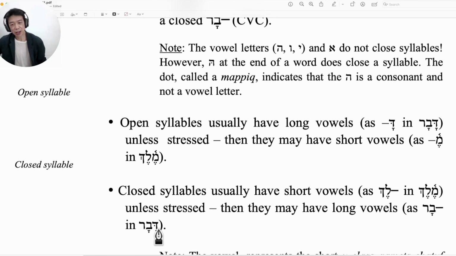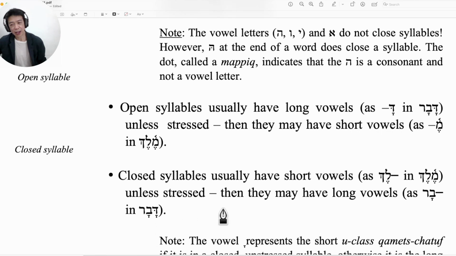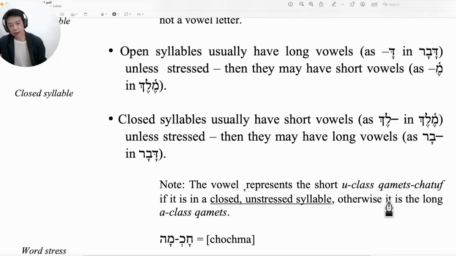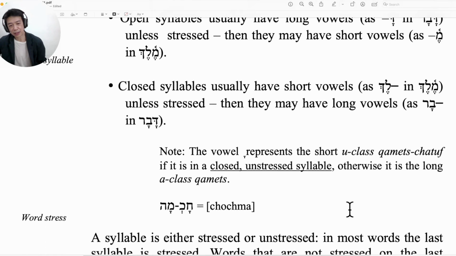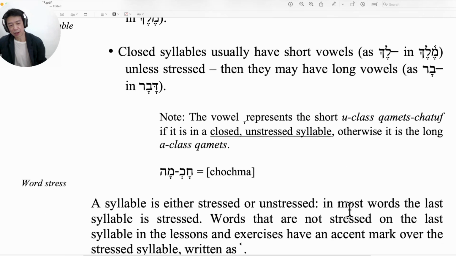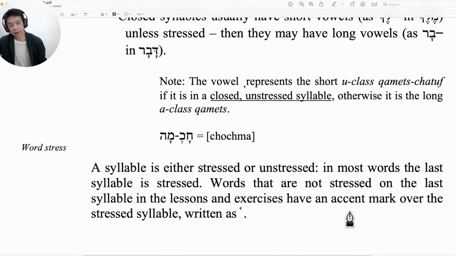Closed syllables usually have short vowels, as in the lamed in melek, unless stressed. Then they may have long vowels, as in var, as in davar. The vowel represents a short u-class qibbuts if it's a closed unstressed syllable, otherwise it's a long a-class qamets, as in chokhma.